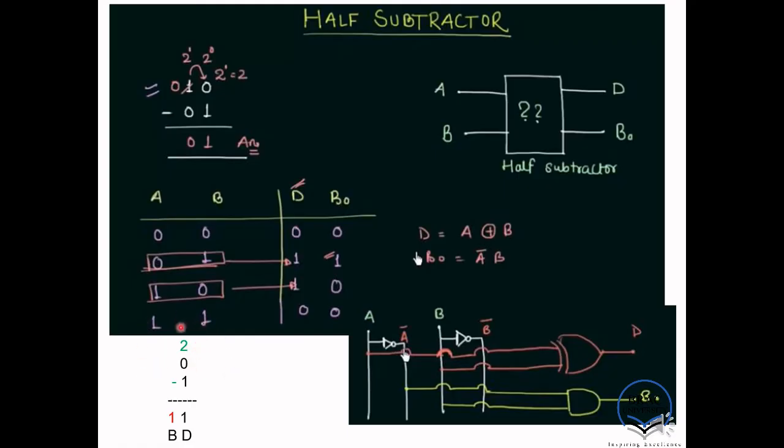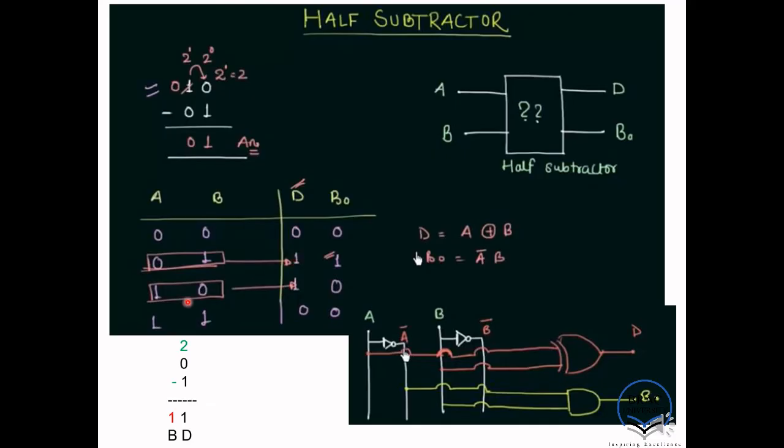So you borrow 2 and write borrow 1 here. 2 minus 1 is 1, and you borrowed 1, so B and D become 1 1. That's why your B is 1, D is 1, right?